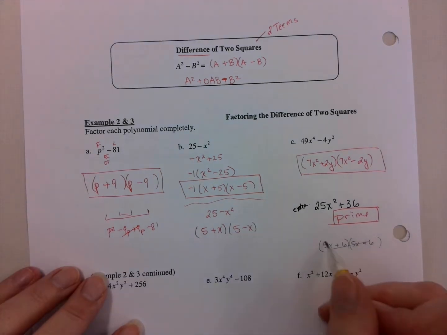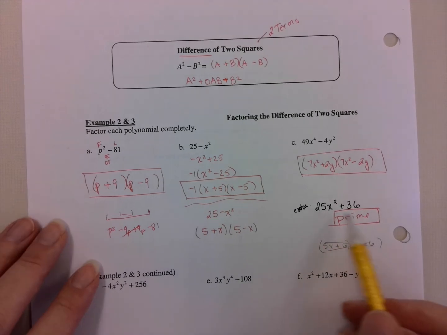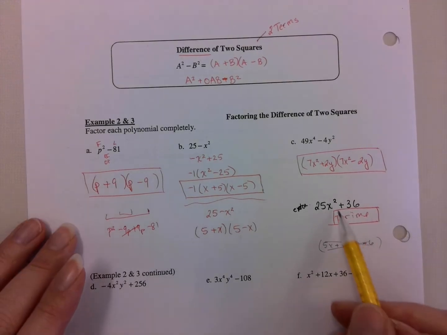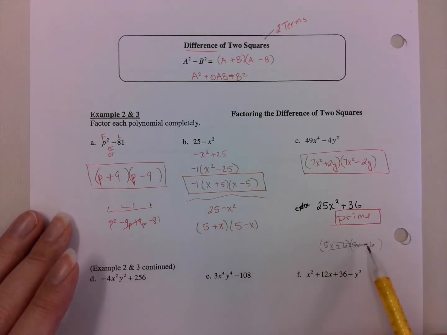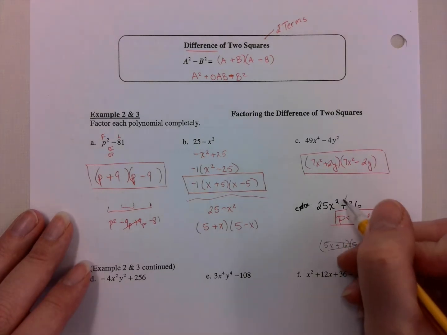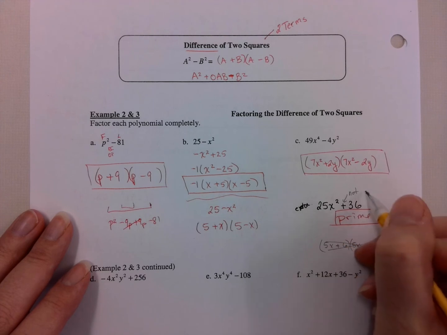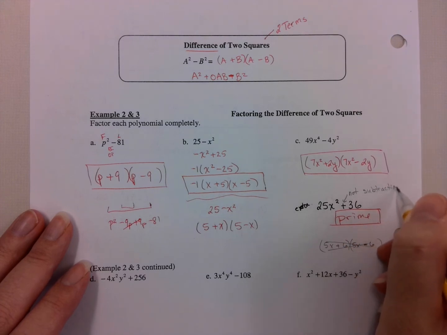So this is not going to work. Now, before we'd say it's prime, we'd have to try everything else, but there's no way I'm going to get a middle term of 0 unless I have the same factors, 1 positive, 1 negative. So it has to be a difference of squares, not a sum. And that's the problem, guys.